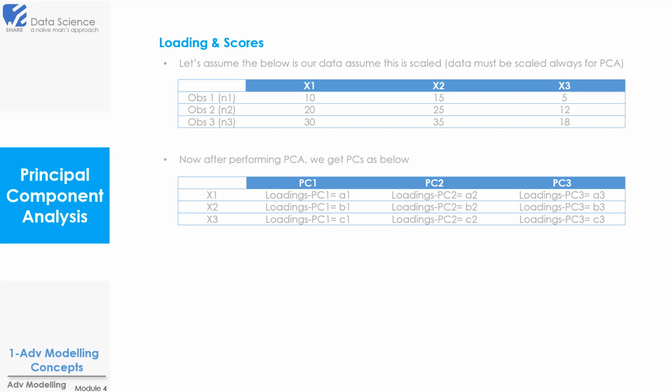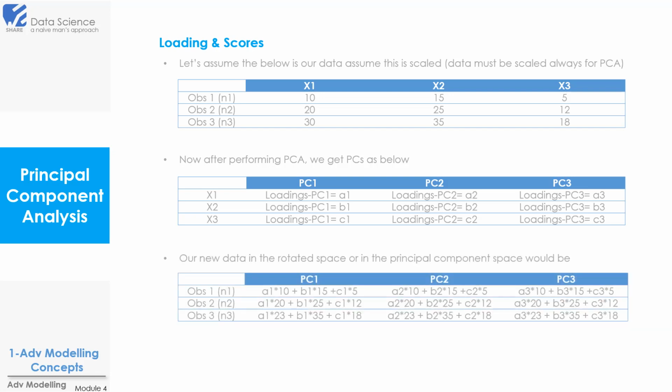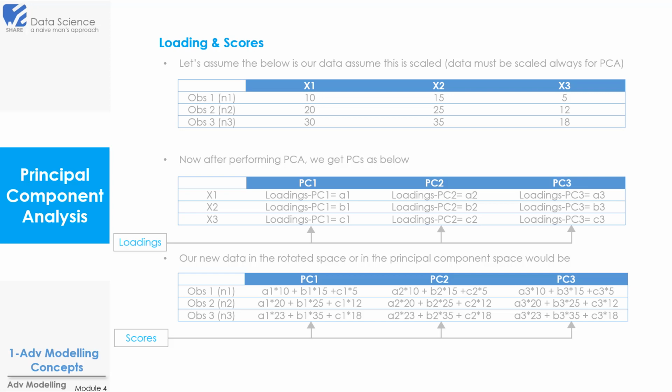We can calculate our new data in the rotated space, or in the principal component space, by simply multiplying loadings to the predictors. So what is happening here is each new variable is now a linear combination of all the predictors. The values in the above table are called loadings, and the new data in the rotated space is our scores. So that is how we calculate loadings and scores.